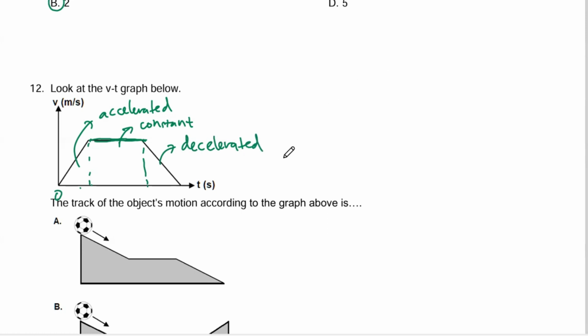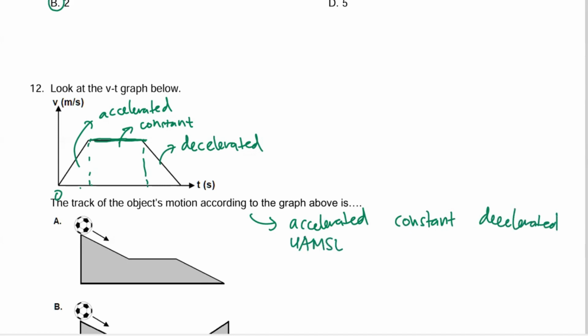Okay, so we need to find the object's motion in the options here. This will be accelerated, and then constant speed, and decelerated. We call it UAMSL, uniform accelerated motion in a straight line. And here is UMSL, uniform motion in a straight line, and UDMSL, uniform decelerated motion in a straight line.